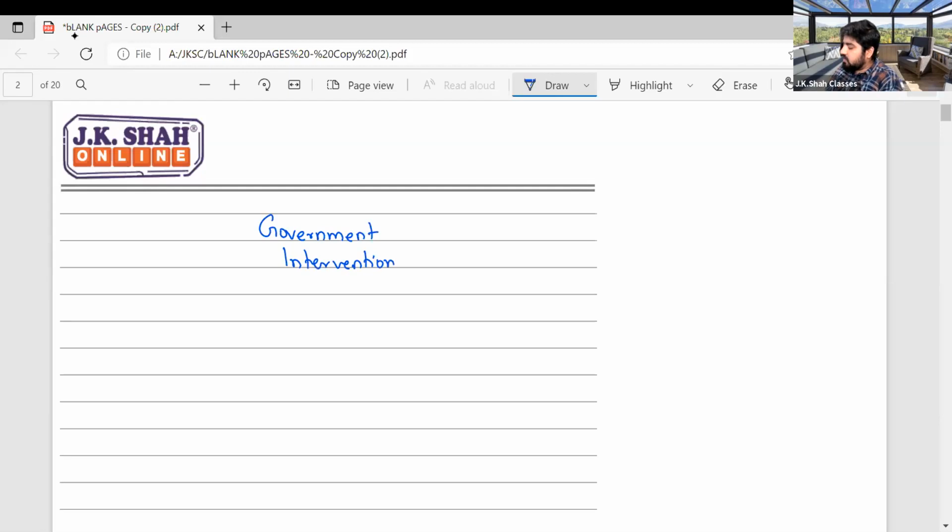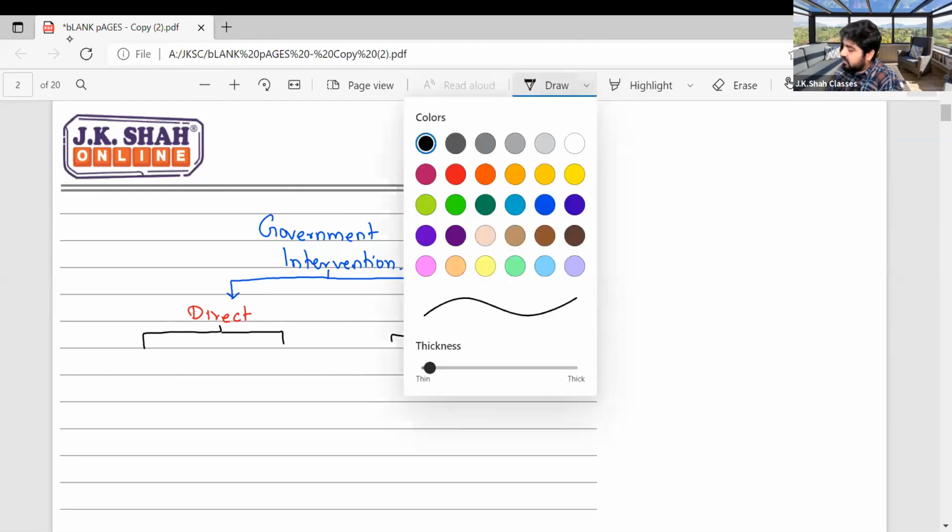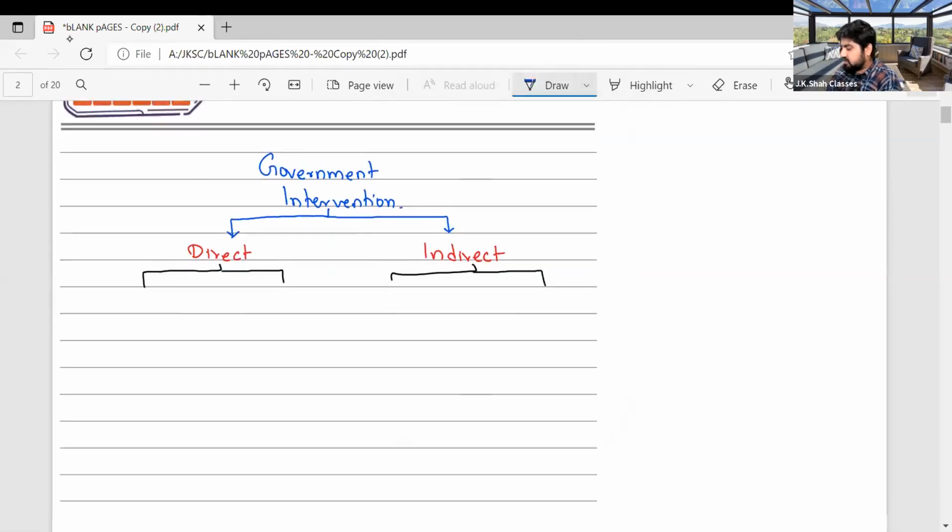There can be two types of intervention, friends. Either it can be direct intervention or it can be indirect intervention. Direct will be further classified into two parts, indirect also classified into two parts.